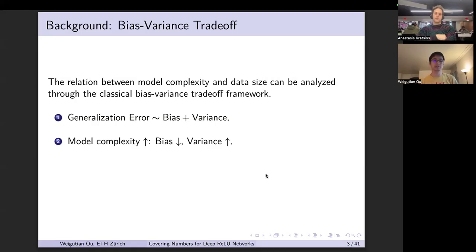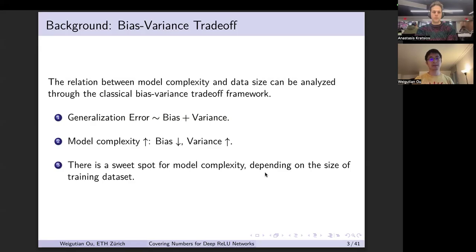But at the same time, our model might be able to fit some random noise, without any generalization ability, so the variance will increase. And there's usually a sweet spot for the model complexity, depending on the size of training data, that is, how much data you use to train.